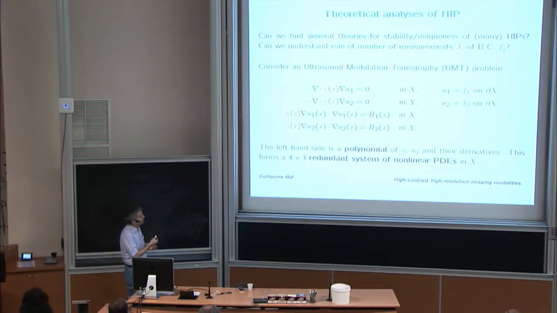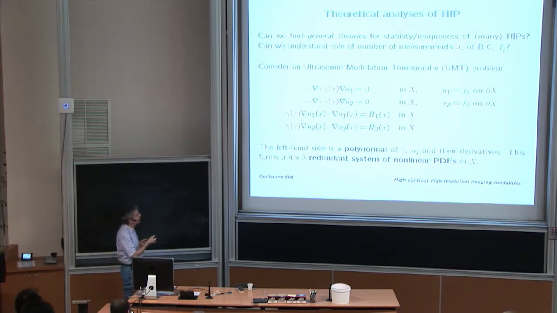We can put to the left what we don't know, put to the right what we know, and what we observe is that for all these problems that I've mentioned so far, it's advantageous to look at the left-hand side as being a polynomial in what we don't know and the derivatives of what we don't know, aka a nonlinear PDE.